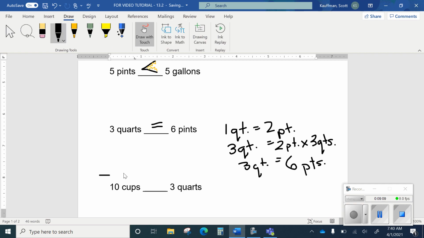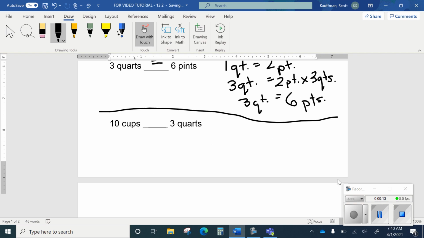All right. Excellent. Now this next one is tricky. I purposely put a tricky one in here just so that you could see one that might look a little different. Okay. Once again, I have 2 measures that are different, 2 units that are different. Once again, I have 2 amounts that are different. So we're going to compare cups to quarts.